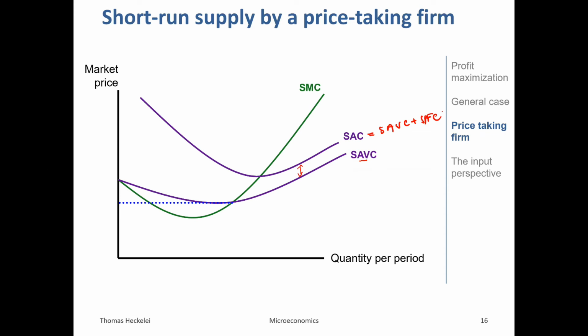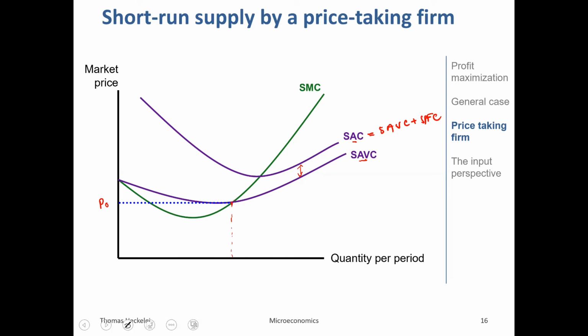That's the intuition. Okay, so now let's call this P0. Assume that P0 is exactly the same as the level of short-run average variable cost, I'm sorry, at its minimum level. Using the same reasoning that we used to prove that the short-run marginal cost crosses the short-run average cost at its minimum, the same thing happens for the short-run average variable cost.